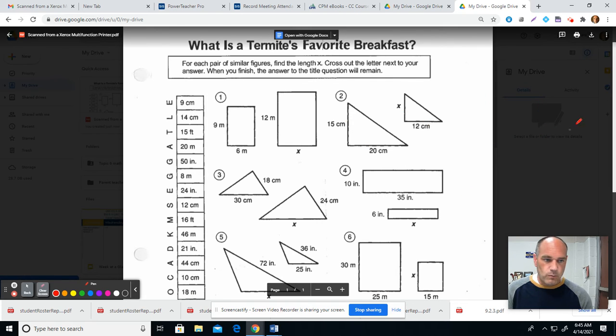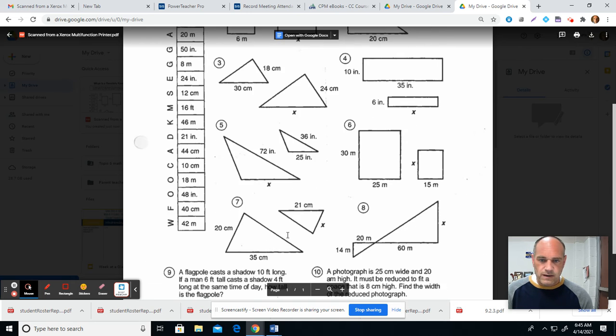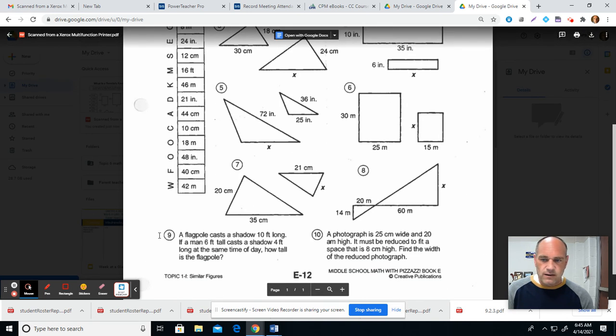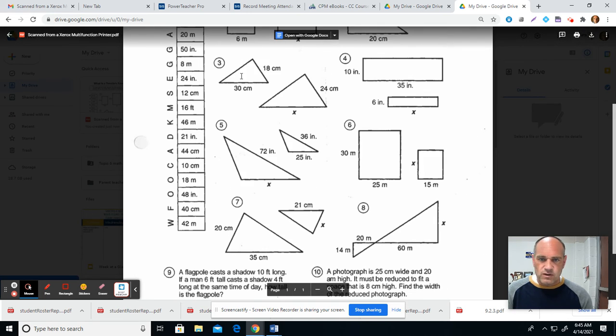I want to set one more up for you, and then you're going to be on your own. So if I can scroll down. Down here, these are a little bit different. If you notice all these, they're all facing the same direction. These are not. So here's what you need to do with your head: you've got to turn one of these around so they're facing the same direction as this one.